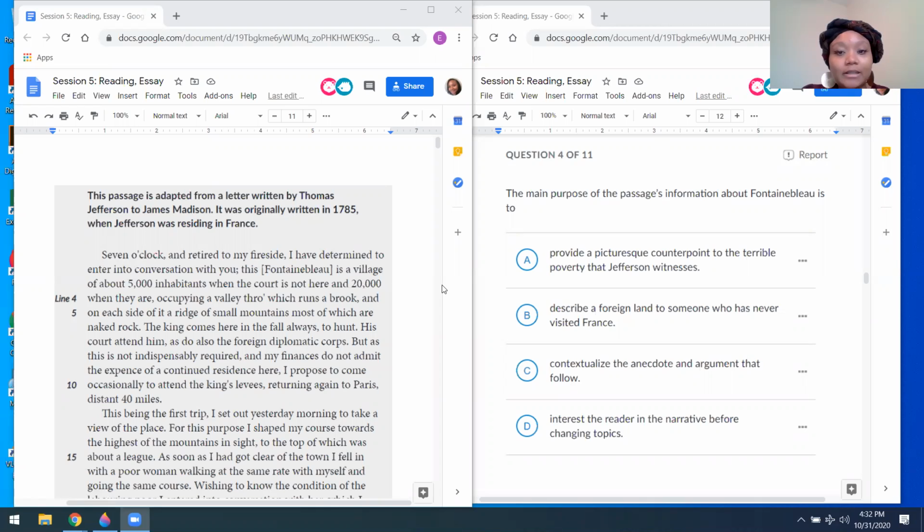So yes, he's giving some context to the story he told about the lady he came across and the subsequent argument he made about redistributing wealth that followed that story.